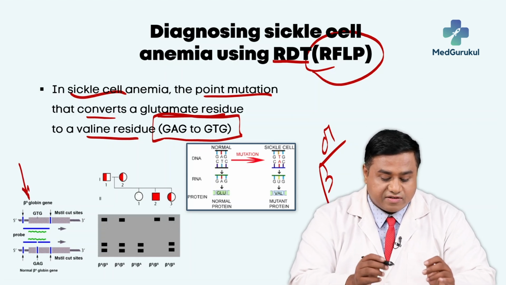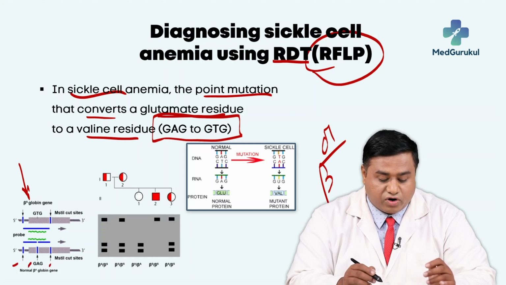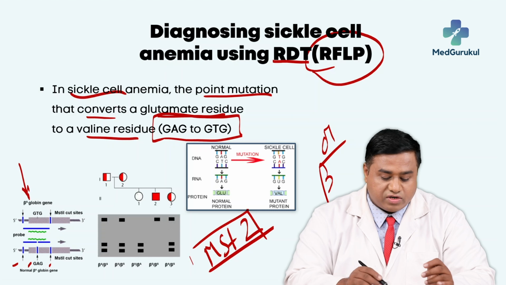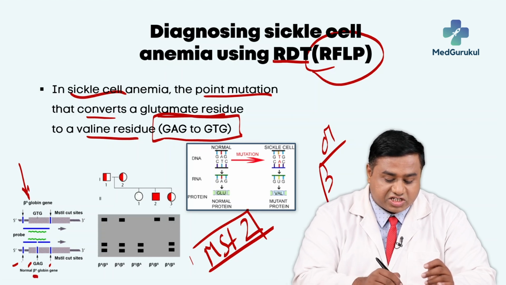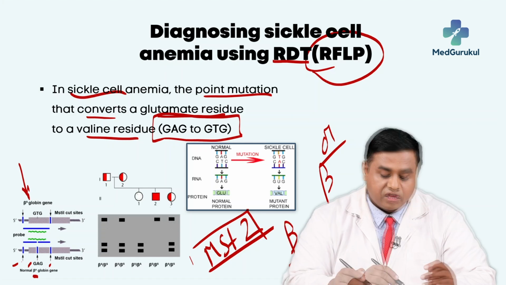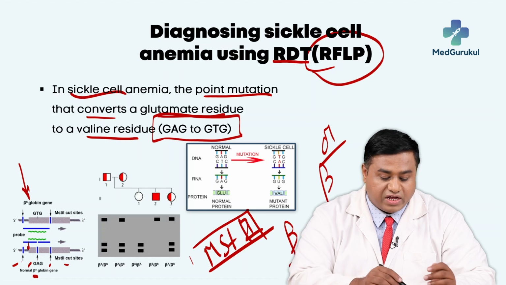So there are 3 restriction sites for the restriction enzyme MstII. So MstII in a normal beta globin chain gene has 3 restriction sites. So the MstII will cut the DNA segment into two fragments.